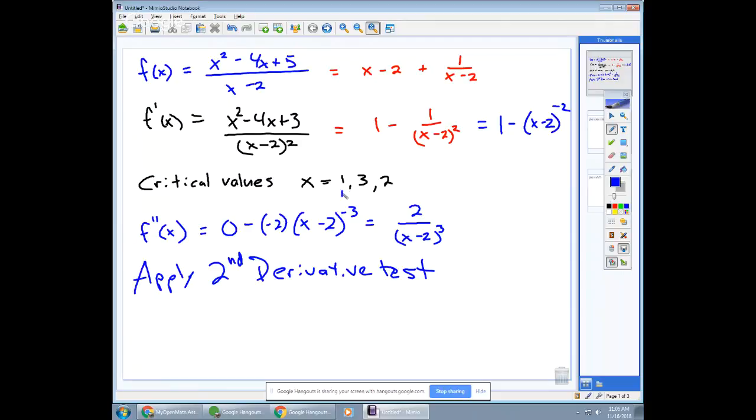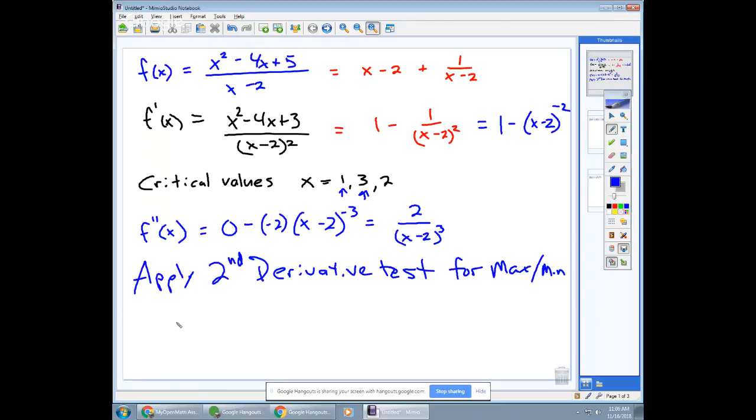Now here, I really only care about the critical values 1 and 3, because I'm testing for max and min. And why do we know 2 is insignificant for a max or a min? Because it's not in the domain, it leads to an asymptote. And we'll explore the asymptote some more in a minute. Section 6 is about asymptotes.